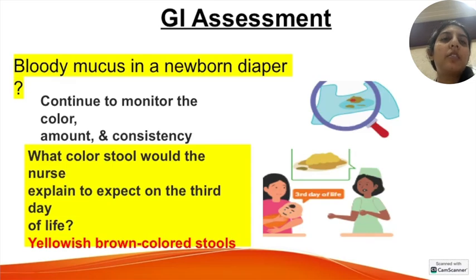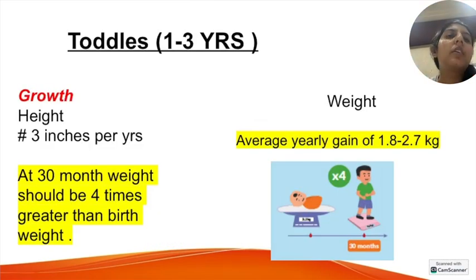Now toddlers, 1 to 3 years. Height should increase around 3 inches per year, and weight gain is usually 4 to 6 pounds per year. At 30 months, the child's weight should be 4 times greater than birth weight, and we also see weight gain slowing down during and after the toddler years.